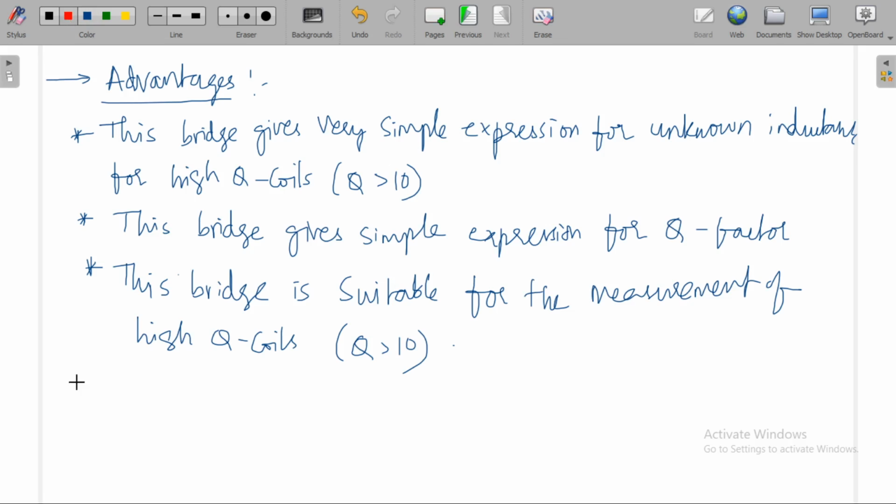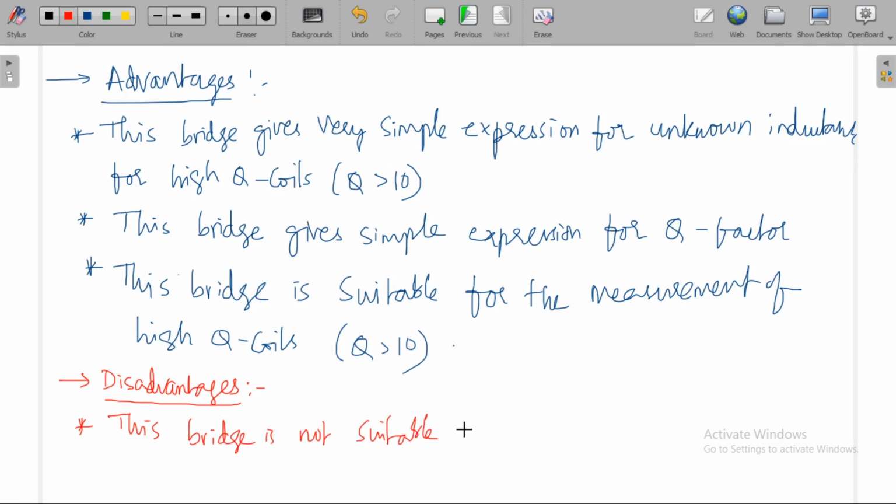Coming to the disadvantage, this bridge is not suitable for the measurement of low Q coils, that is Q is smaller than 10.